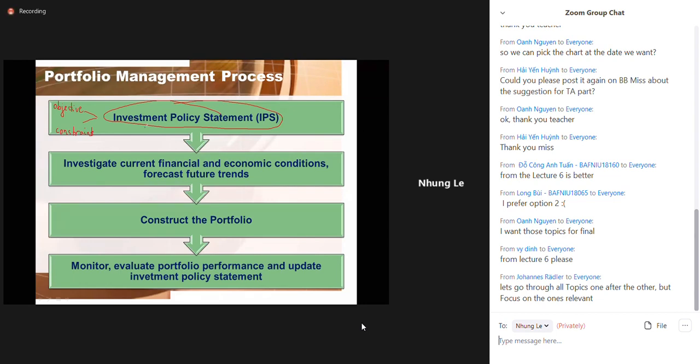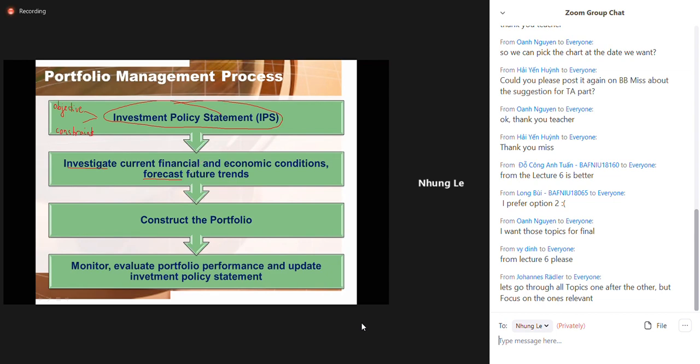After setting up the objectives of your investment and the strategy as well, we will investigate and analyze the current financial and economic condition. Why do we have to do that? Because we invest today to receive money in the future. So we have to forecast what we expect to happen and make decisions. But to forecast, we need to base on the current financial and economic condition.